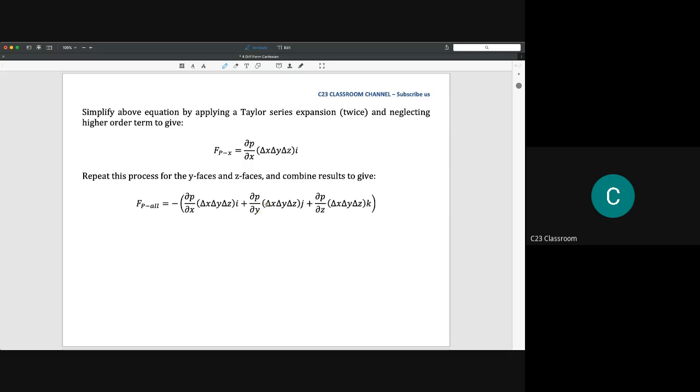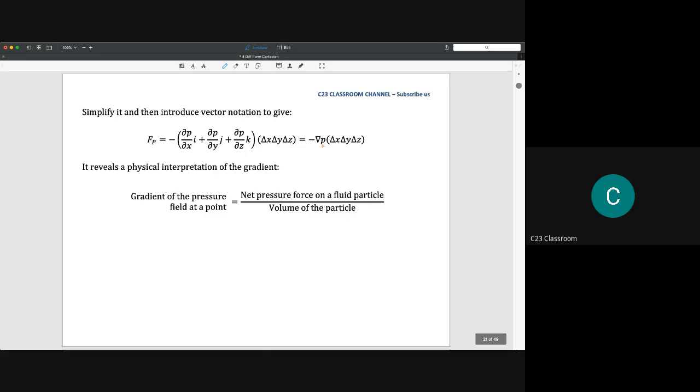So this is the idea of pressure force. This is for the vector. So I simplify it.